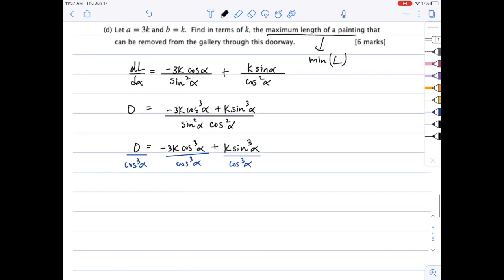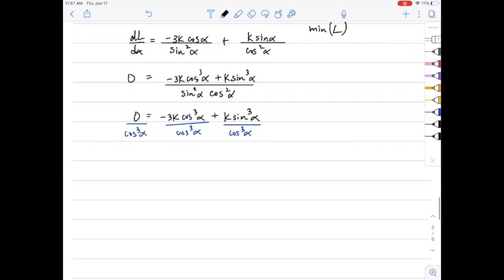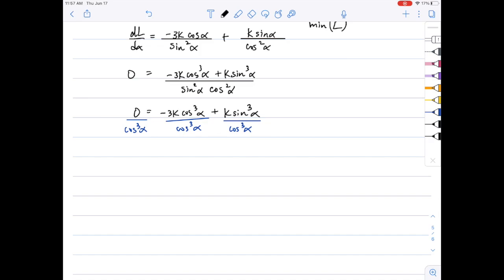Instead of being a function of sine and cosine alpha, it's just going to be a function of tan alpha, and that's convenient because it makes it easier to solve. On the left, we get 0. We get negative 3k plus tan cubed alpha times k. Now just make a note here that cosine alpha cannot be 0 because we divided through by it.